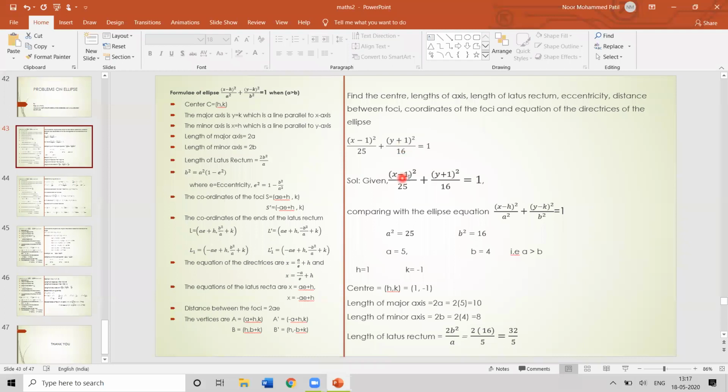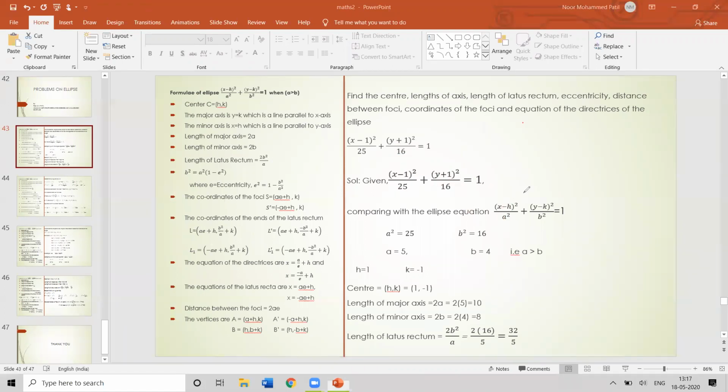Given is (x minus 1) whole square divided by 25 plus (y plus 1) whole square divided by 16 is equal to 1. So we can compare this with our ellipse equation where the ellipse is not at the origin point.